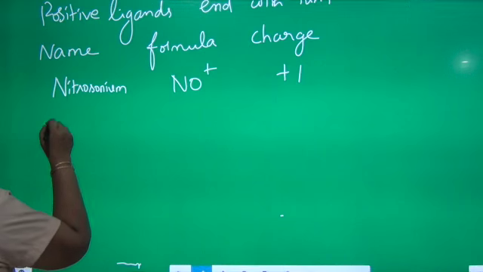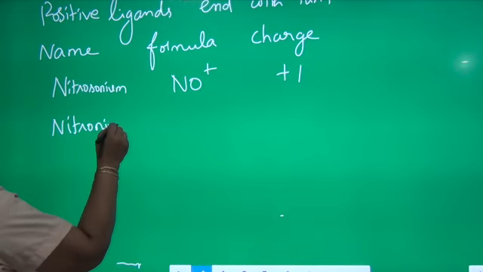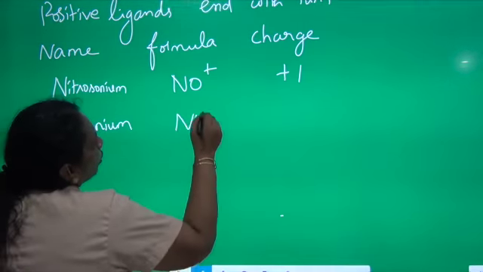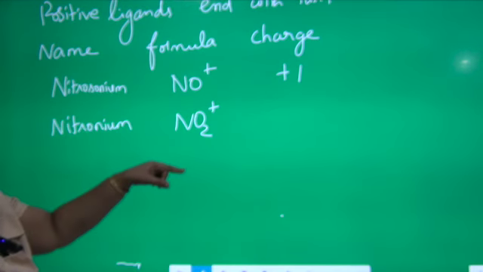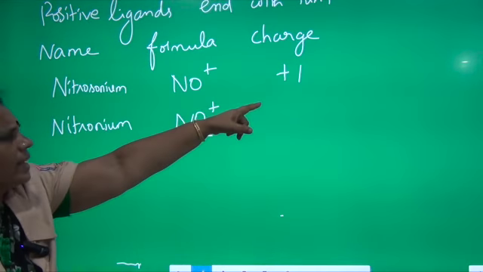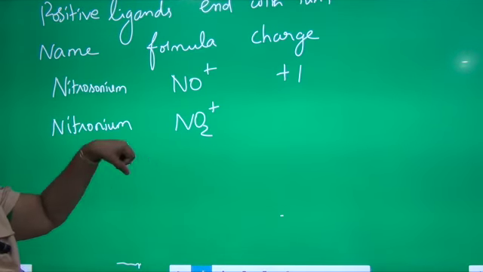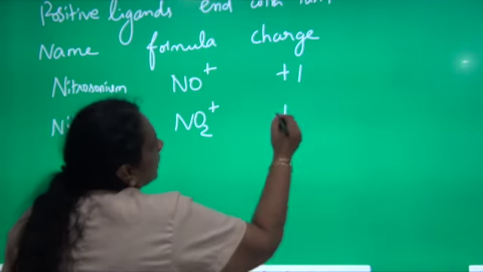Similarly, nitronium, which is NO2 plus. There is a difference between nitrosonium and nitronium. Nitrosonium is NO positive, which has a plus 1 charge. Nitronium is NO2 positive, where the charge is plus 1.